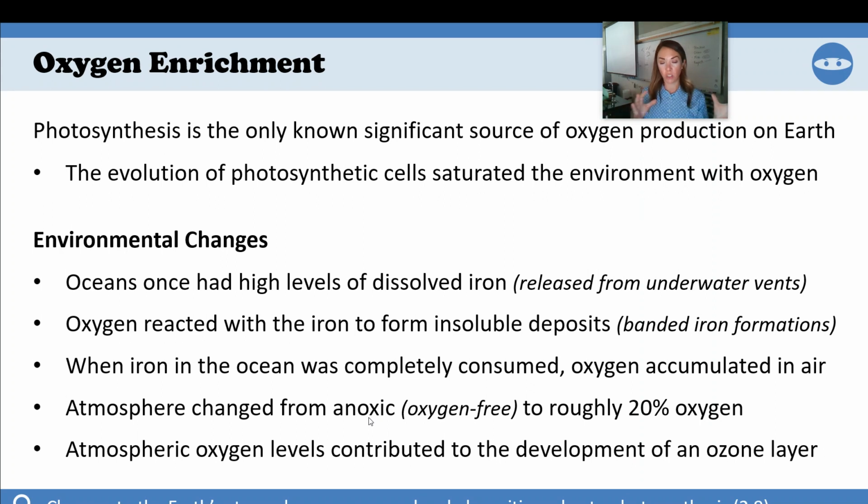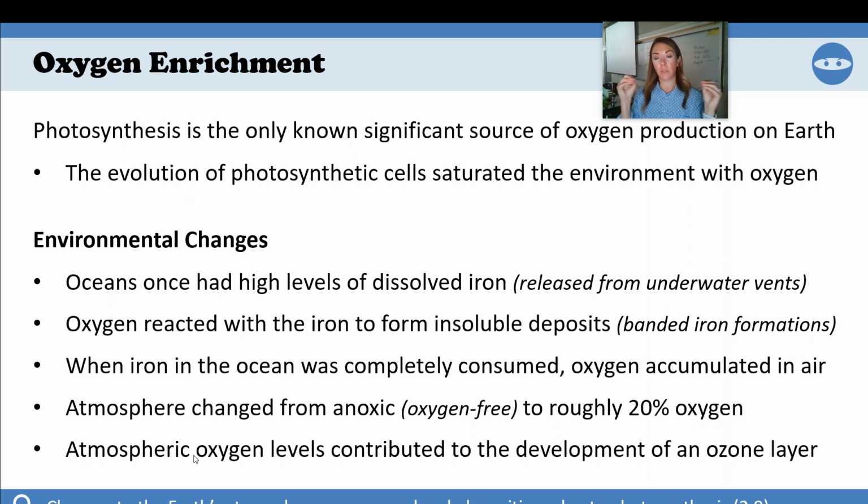It goes from oxygen free to about 20% oxygen, which is where we are about now. And because that oxygen was able to go into the atmosphere, O3 is ozone, and that started to make that ozone layer around the earth that is super, super small, right? However, our ozone absorbs harmful rays.